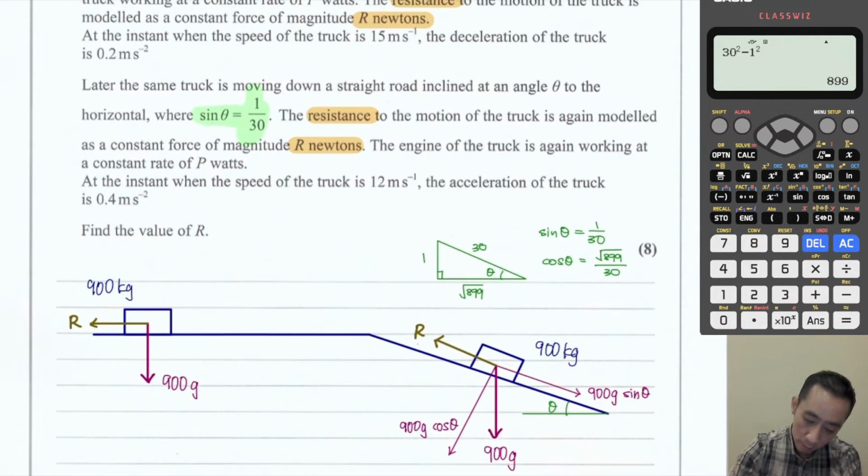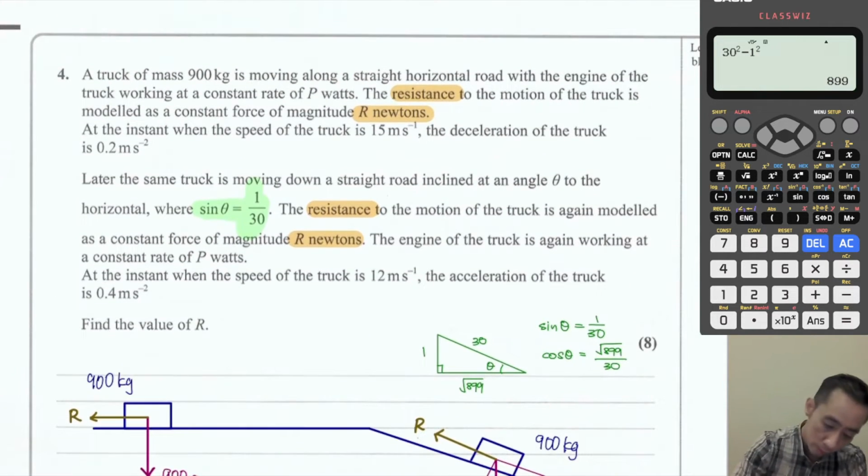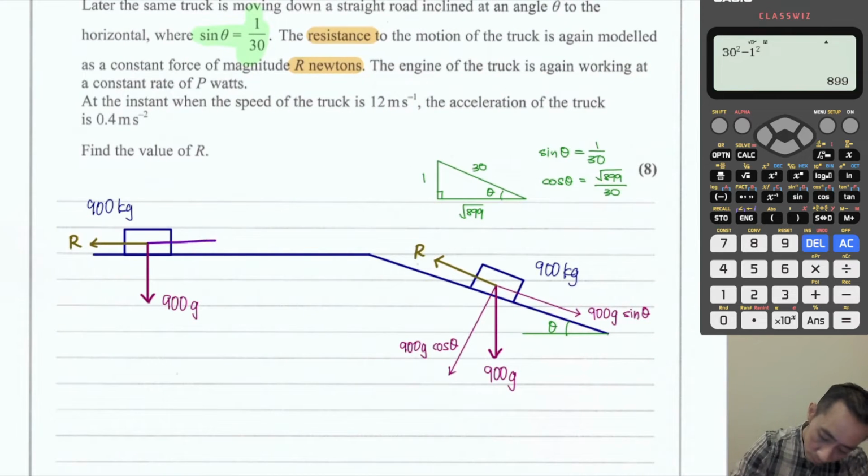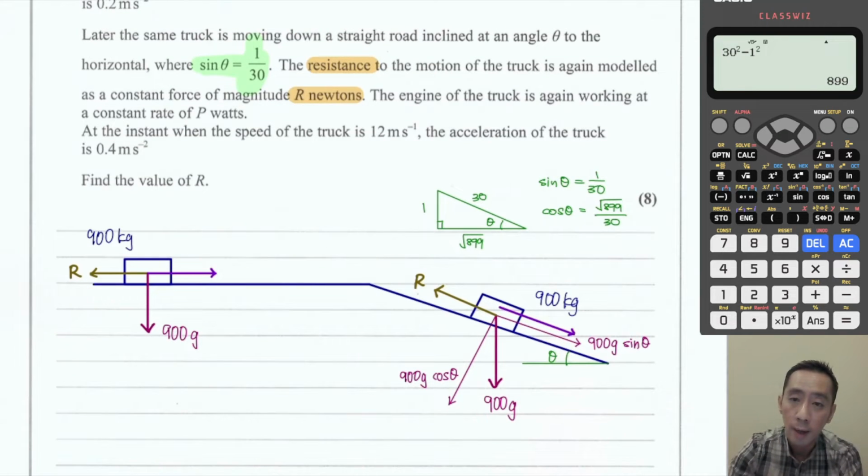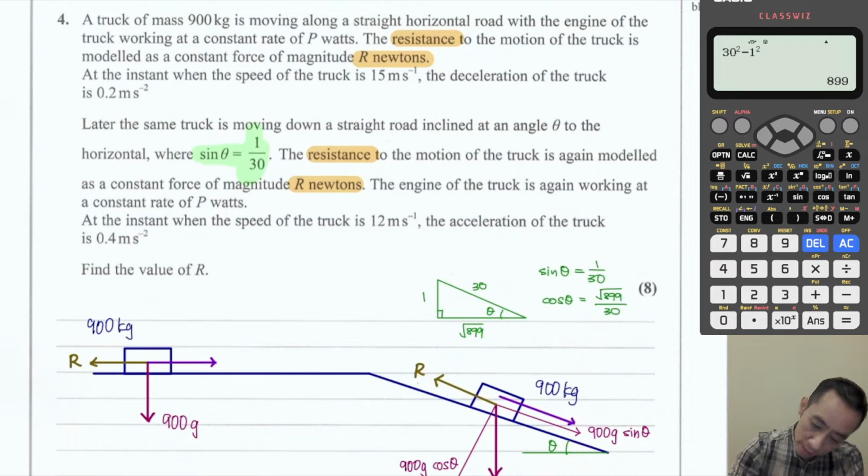Okay, and then we have the power, which is from the engine. The other information that we have for this case is that the speed is 15 and the acceleration is 0.2.